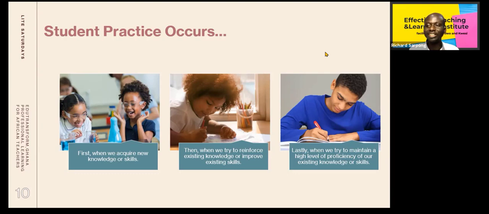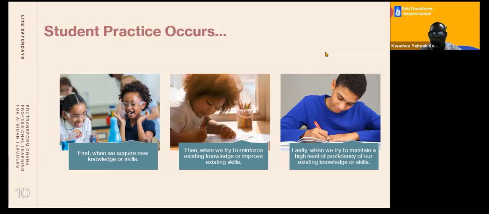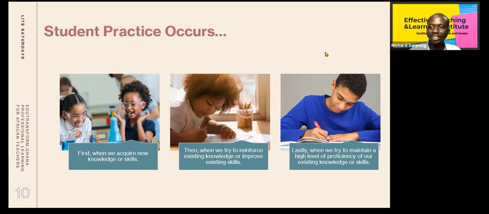Like we've said, the reason for practice is to move the student's skill or knowledge or the information they've acquired to a point of fluency or to the point where it is consolidated in their working memory, right? So if you just keep teaching without practice, learning will not happen and student achievement will always be poor. So that is one key area where practice occurs: anytime students acquire new knowledge.